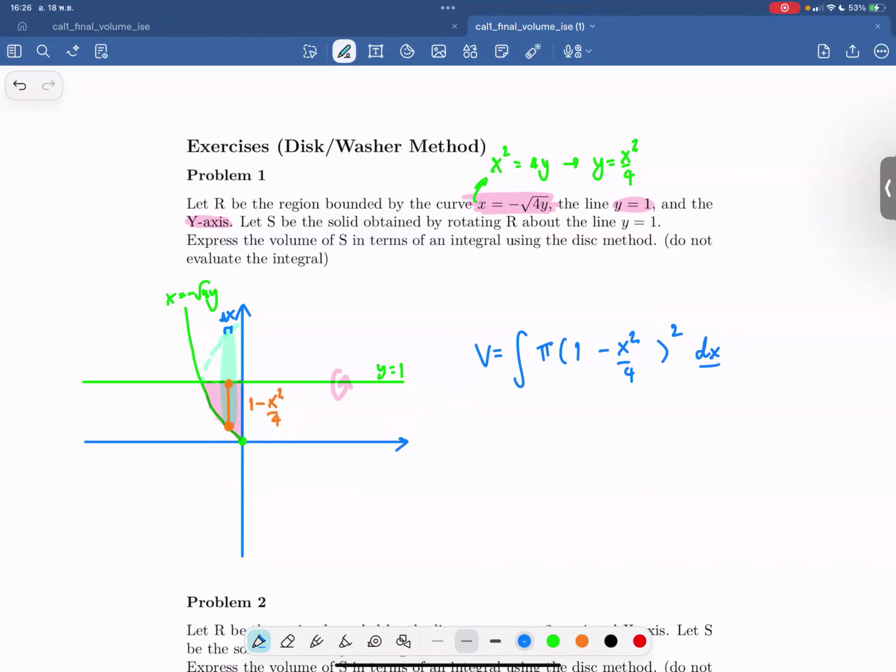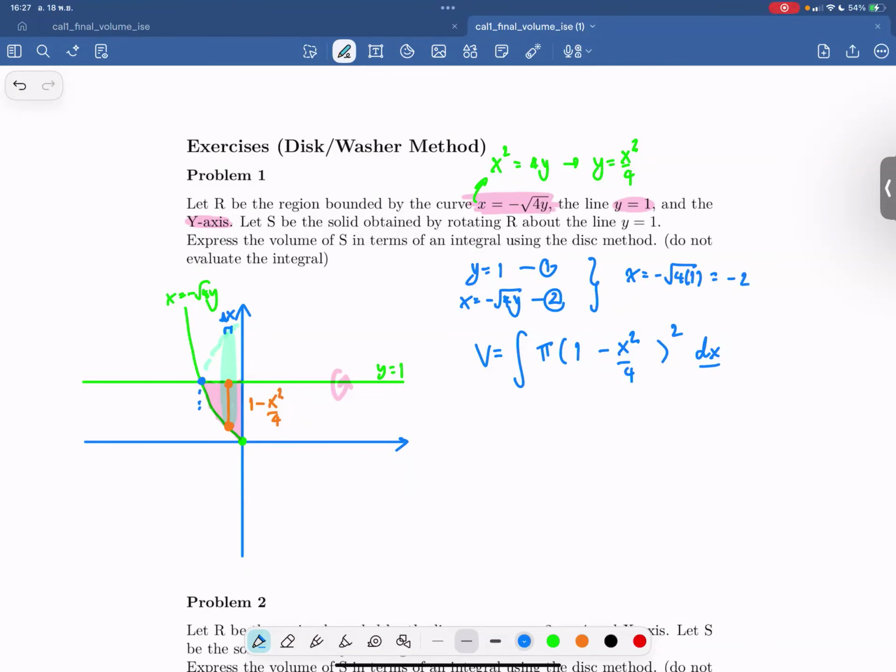Okay, so next we would like to find the boundary of the intersection. So we have to find the intersection point. The intersection point is just the point where y equal to 1 and x equal to minus square root of 4y. So I will put y equal to 1 and then we get x equal to minus 2.